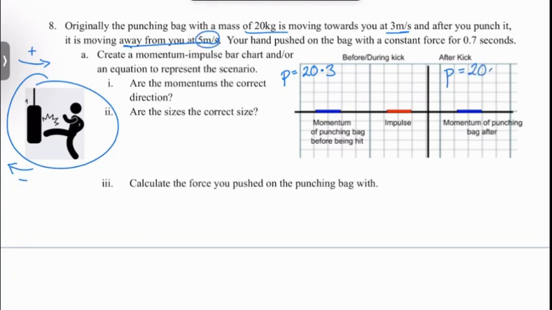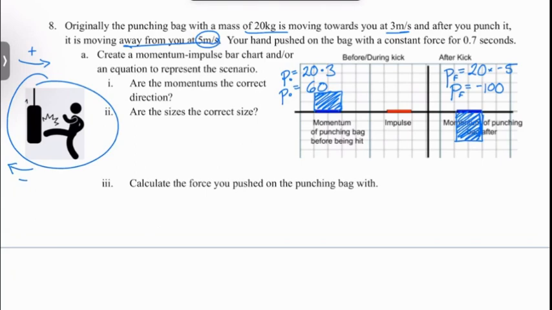So that's 20 times negative 5. So that means originally my momentum was positive 60, so I'll just draw it that big. And after you punch it, it's going to be negative 100. So that will have to be bigger than the original momentum because it's going faster.